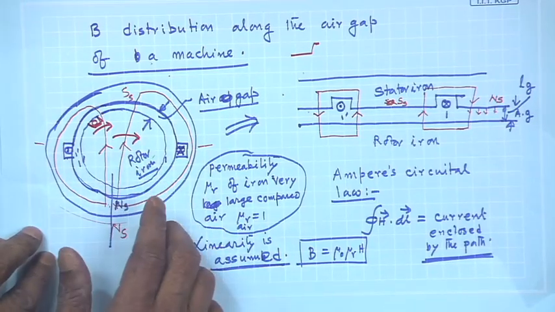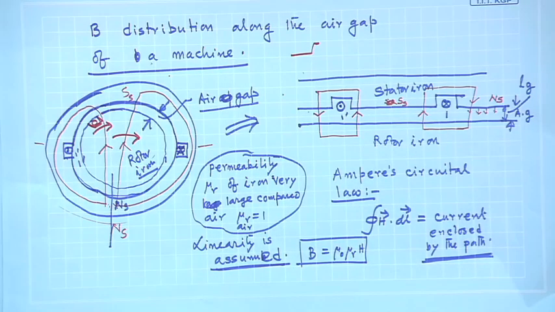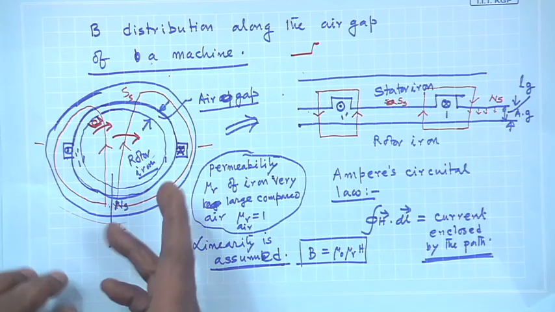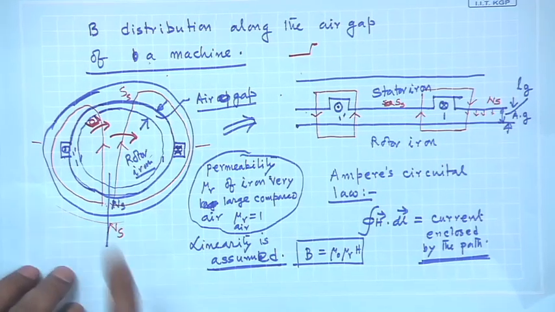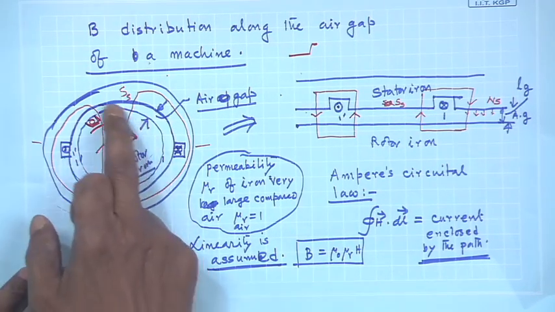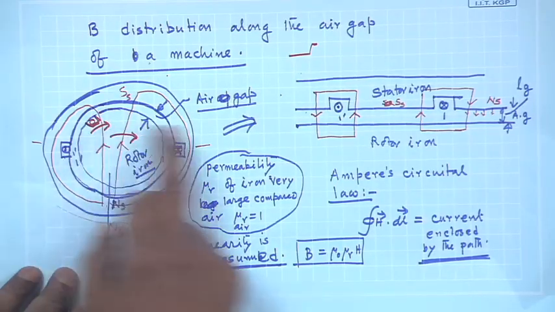If you pass DC current, to draw the MMF, we are assuming DC current. It will not be difficult to sketch the waveform if it is a time varying current; I will give you hints, very simple. Suppose there is the rotor iron, and the rotor has not got any coils to begin with.